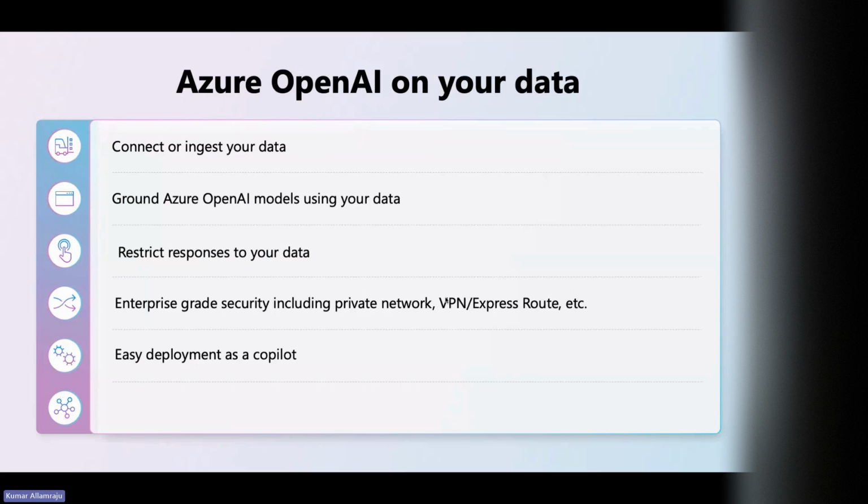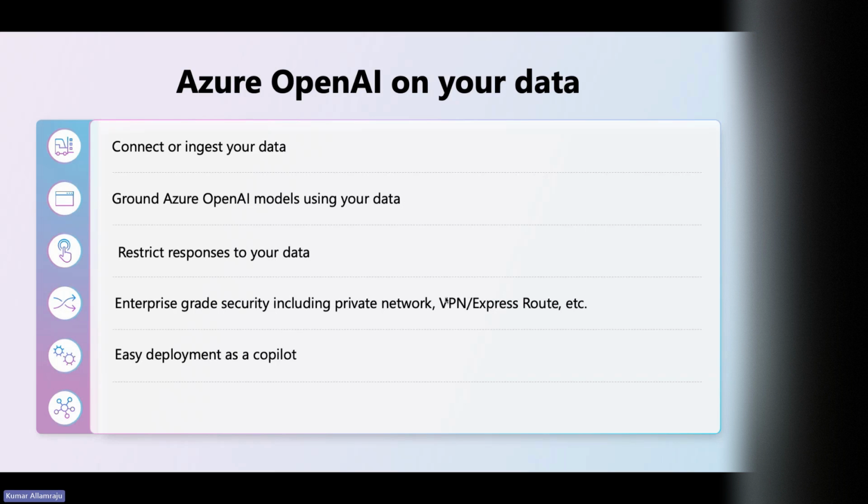Okay, so whenever we say Azure OpenAI on your data, what exactly we are talking about is, instead of generating some data on the fly, we will actually connect or ingest your data that is coming from your input sources, right?